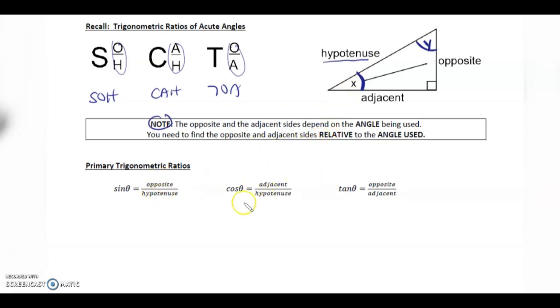So our 3 formulas are sine theta equals, and theta, this is called theta, and this is just an angle. Okay, so sine theta equals opposite over hypotenuse, cos theta equals adjacent over hypotenuse, and tan theta equals opposite over adjacent.